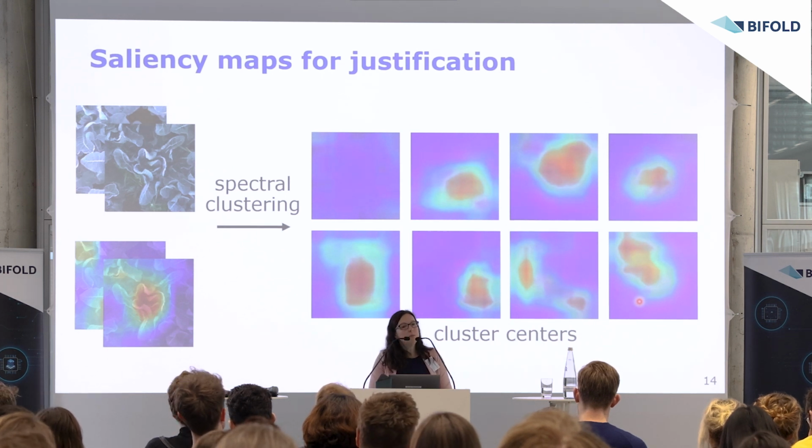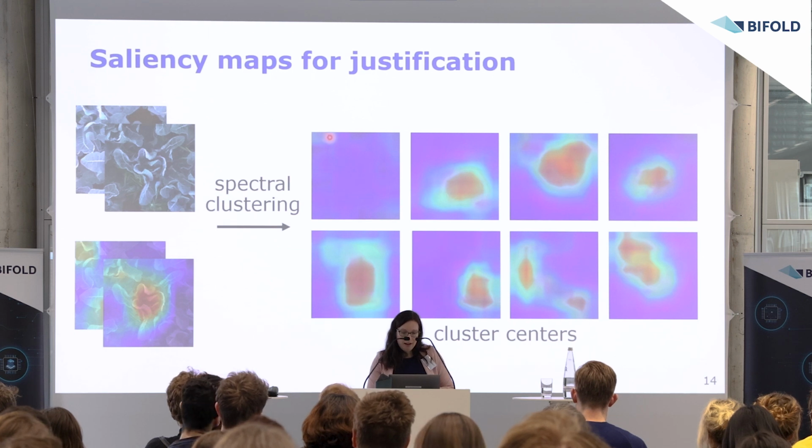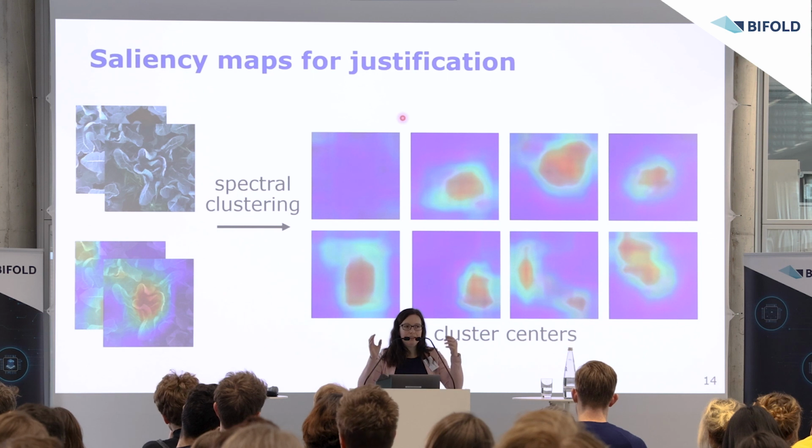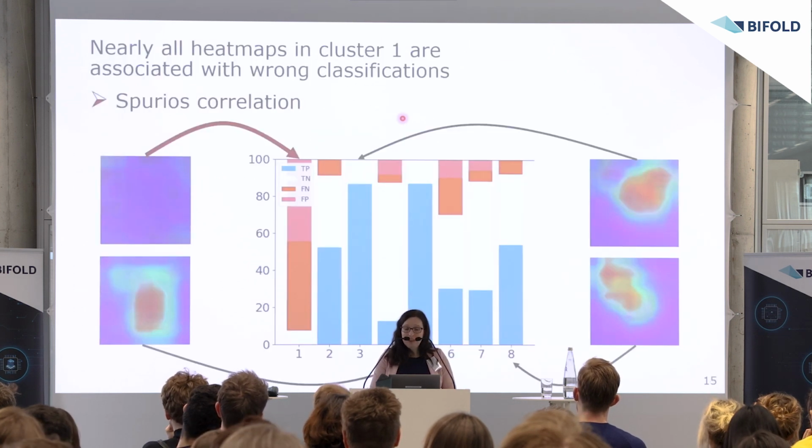And you can already see most of the clusters point towards the middle, which is good because this is where the plant is. But here we have a cluster which looks at the corners. And you can already imagine that might not be good. And if you connect it to the classification accuracy, you can also see it.